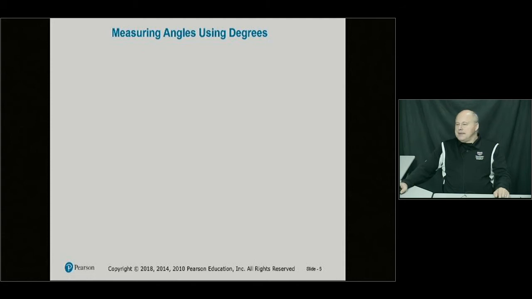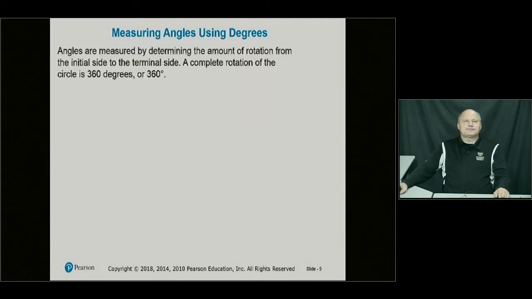Okay, so measuring angles using degrees. Angles are measured by determining the amount of rotation from the initial side to the terminal side. A complete rotation of a circle is 360 degrees. An acute angle measures less than 90 degrees.